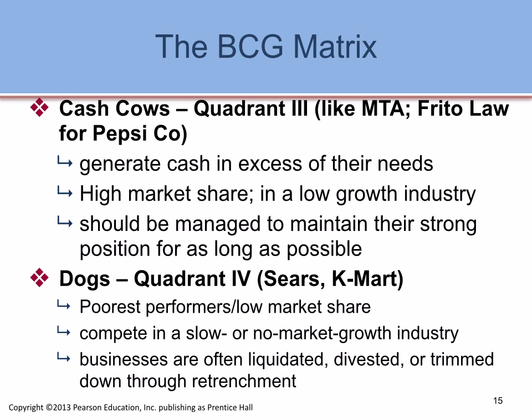Just like the star firms, these firms do have a relatively high market share, but this time they compete in a very low growth industry. They are called cash cows because they can generate cash in excess of their needs. That's why they can be milked to make further investments. That's why we call them cash cows. They can produce cash in excess of their needs.